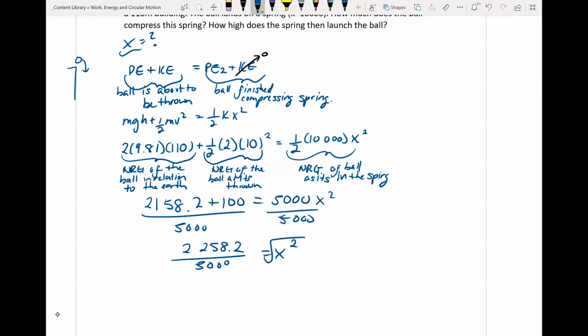And then square root both sides. So x is 0.6717 meters.